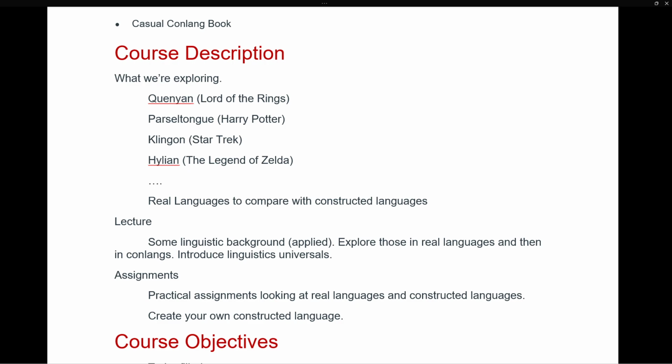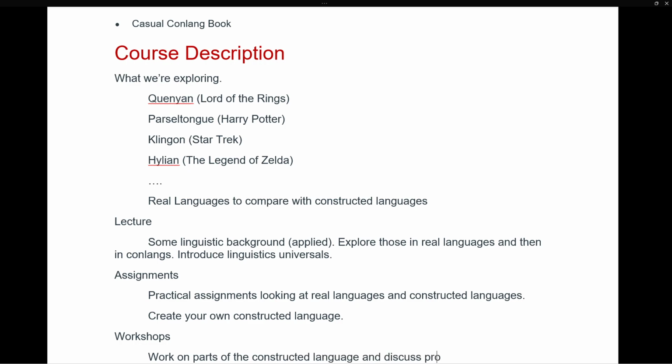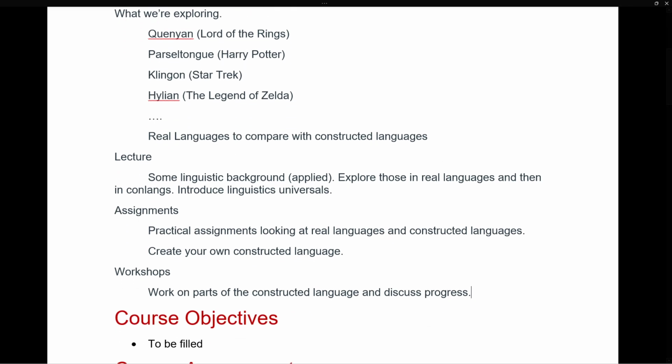What I'm also thinking is because we have a constructed language project and the course is more focused on the practicality and analysis, to also have some workshops to work on parts of the constructed language and discuss progress, maybe something like that. We can see how workshops have to be changed in the future, but these are just preliminary ideas.